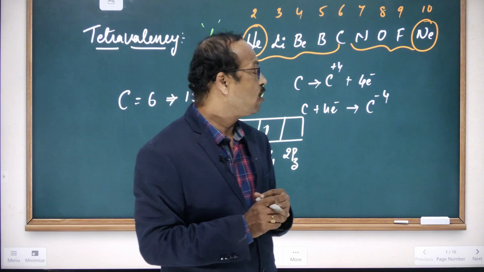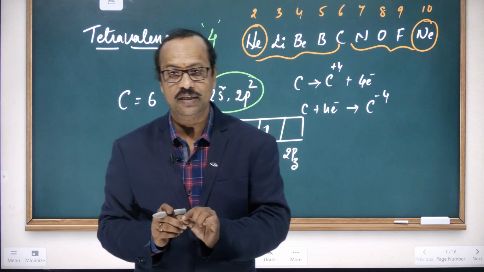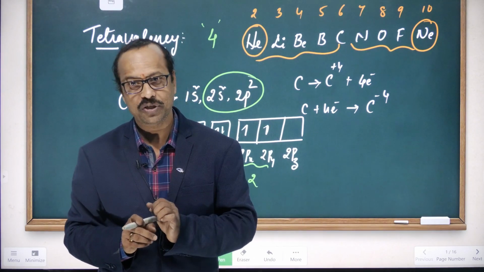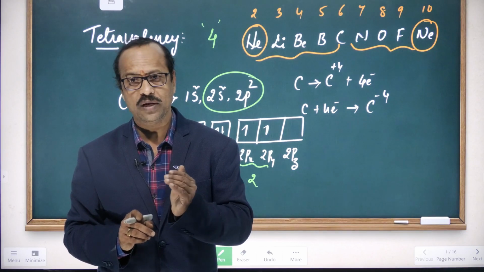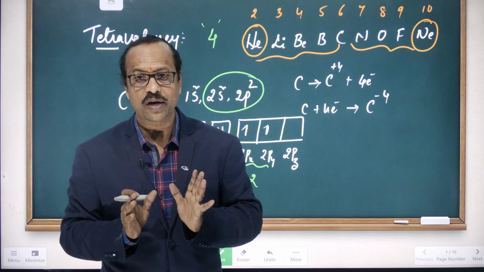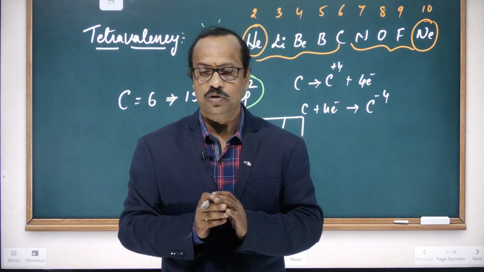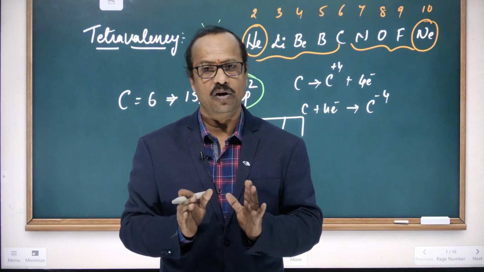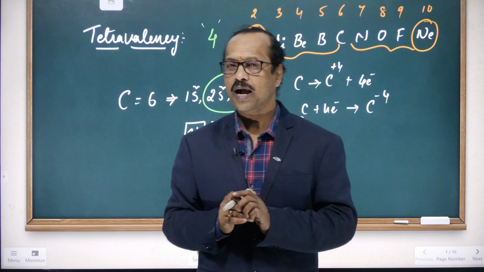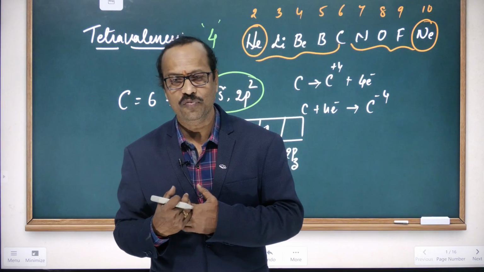Similarly, carbon cannot lose 4 electrons because of ionization energy, which we already discussed. The amount of energy required to remove an electron is called ionization energy. Removing 1 electron, okay, 2 electrons, fine, but to remove 3 and 4 electrons from carbon, a large amount of energy is required, which is not possible under normal conditions. Is this clear to you? So that's why carbon cannot lose 4 electrons or gain 4 electrons.